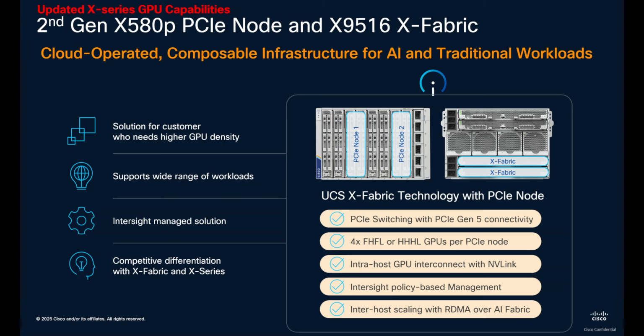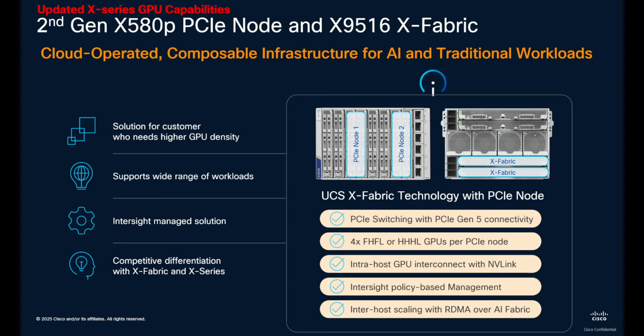So how do we do that, and how have things evolved since AI PODS version 1.0 was announced? In December, we will have the X580P, which is the next generation version of the GPU node to the X440P. And we're also going to have the XFM 2.0, which is the next generation version of the XFM from version 1.0. So what are the key differences?